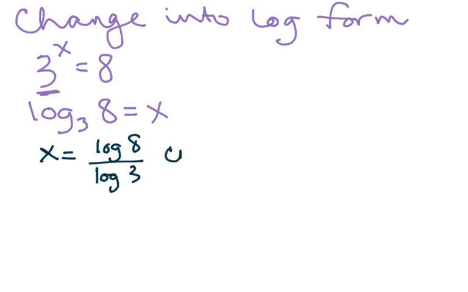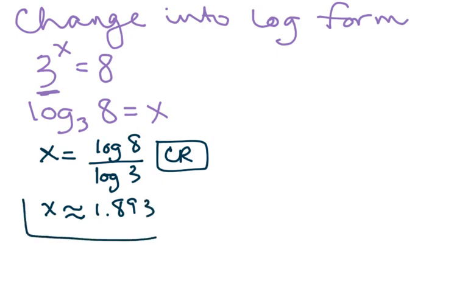Okay, so that's what we're going to put a CR by there, so it says calculator ready. If you do want to just pop it in the calculator, it is approximately 1.893. So the way that works is if you put in your calculator from the beginning 3 to this power, you'd get very close to 8.